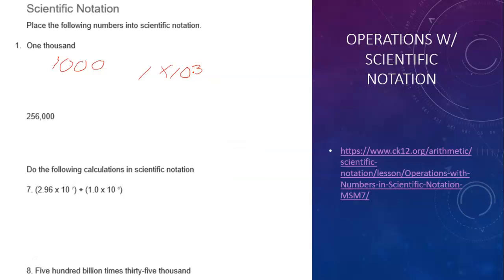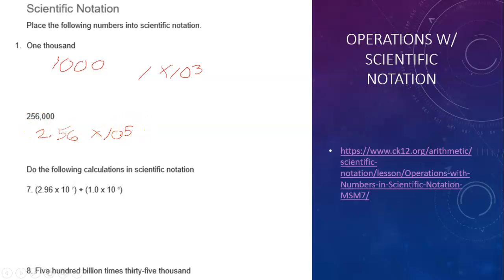And then here, similarly, we have 256,000. Okay, we would write 2.56 times 10, and then 1, 2, 3, 4, 5, times 10 to the 5th.